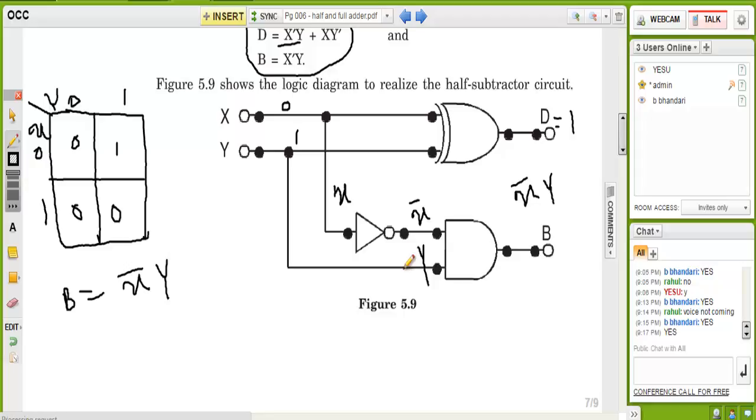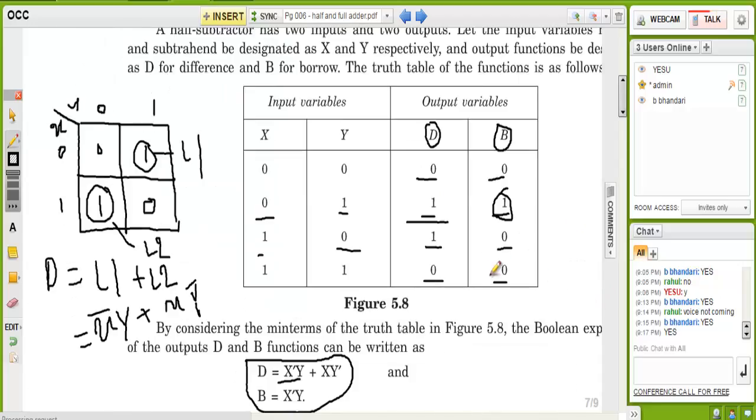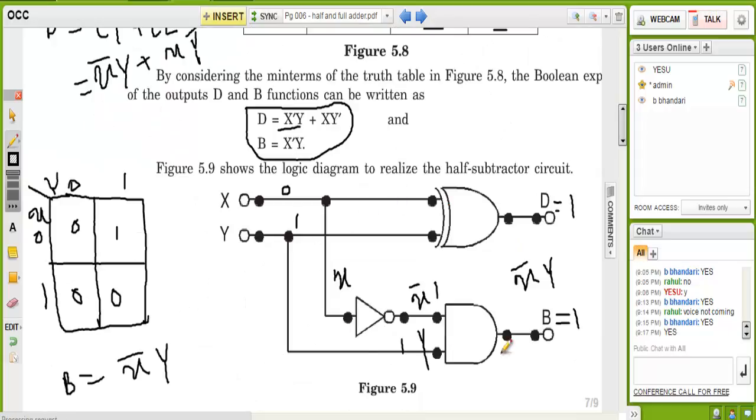This 1 comes here, and this 0 is inverted to 1 by this NOT gate. So the AND gate input is 1 1. So borrow also will be 1. See, for 0 1, output will be 1 and borrow will be 1. So this circuit is fulfilled. So we can say this is a half subtractor circuit. Am I right now?